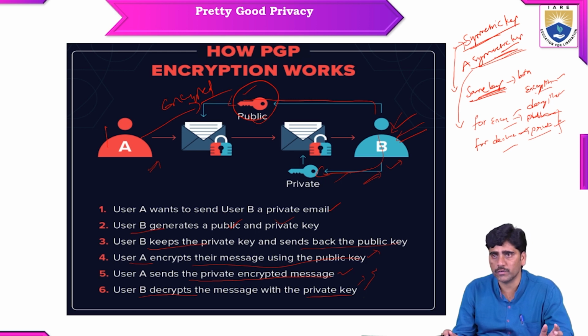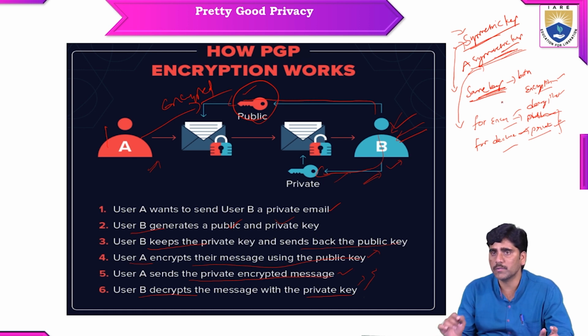That is nothing but a secure or confidential way. There are two types of keys: the symmetric key and the asymmetric key. The symmetric key uses the same key for the encryption and decryption process.